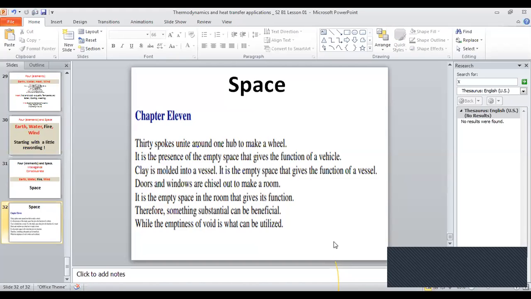Let's say 30 spokes unite around one hub. The hub is the center, even the wheels of carts, you can see spokes united around one hub to make a wheel. Don't take this simply, okay? If you can feel the greatness of this, I would say you can do innovation. You are very good.